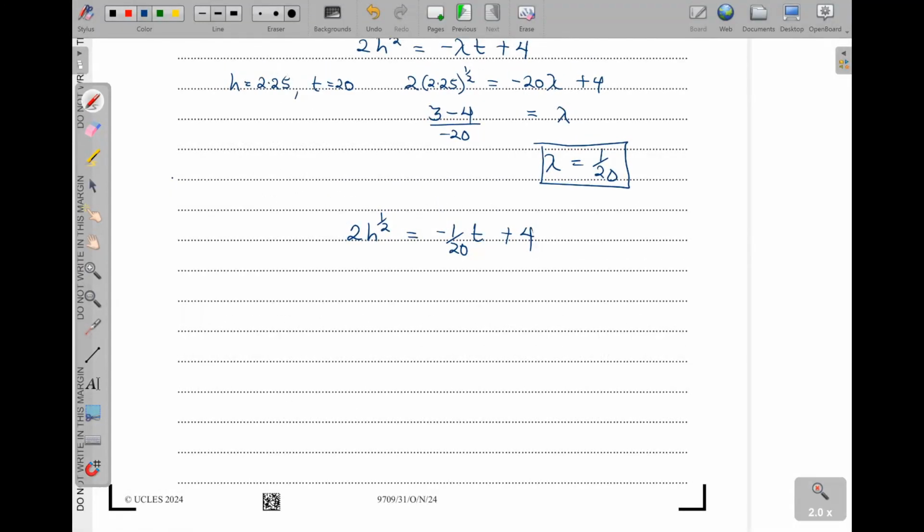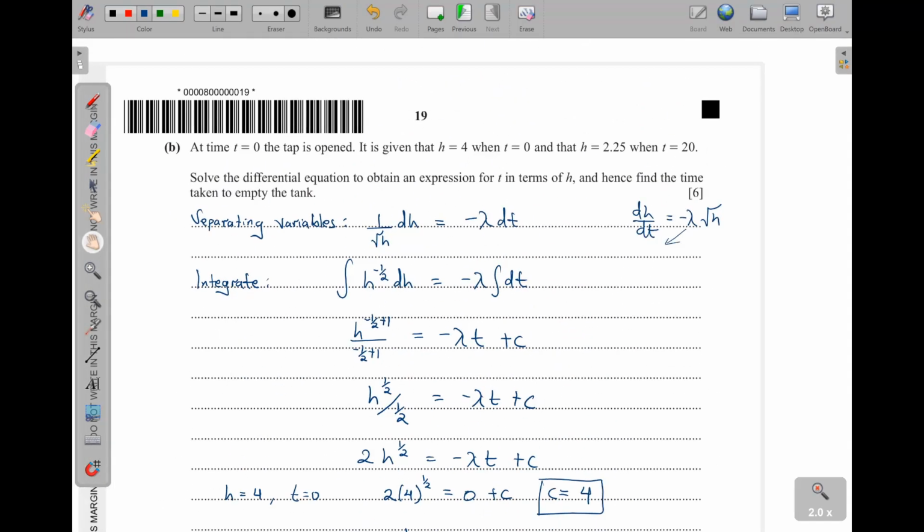Now, you make t the subject of the formula, so we shall have 1 over 20t is equal to 4 minus 2h power half. That means we multiply all through by 20, and then we shall have 80 here, then minus 40h power a half. Now, to empty the tank, that means the height or the depth of the water in that tank is 0.